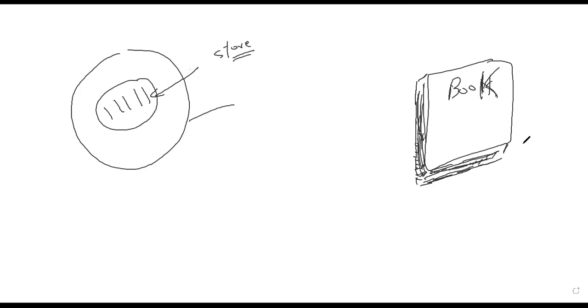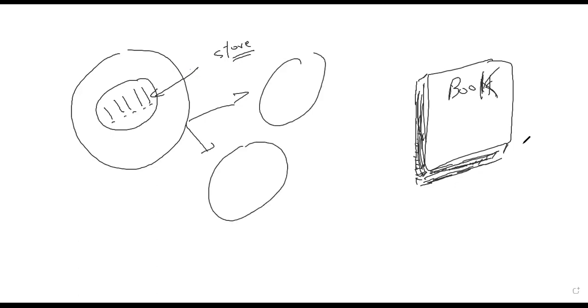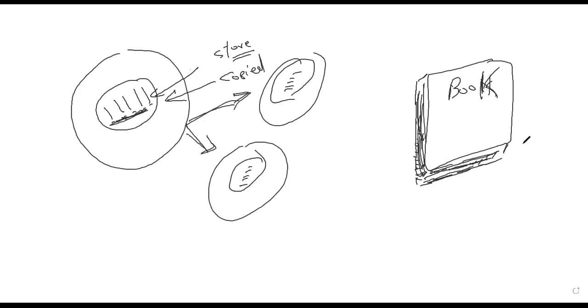Sometimes the cell needs to divide into new cells, and before that, look, 1, 2, 3, 4, 5 chromosomes, these new cells must also contain 5 chromosomes in each of them. So the genetic material must be able to copy itself. It stores your information, and it must be copied and transmitted to the daughter cells, the new cells.